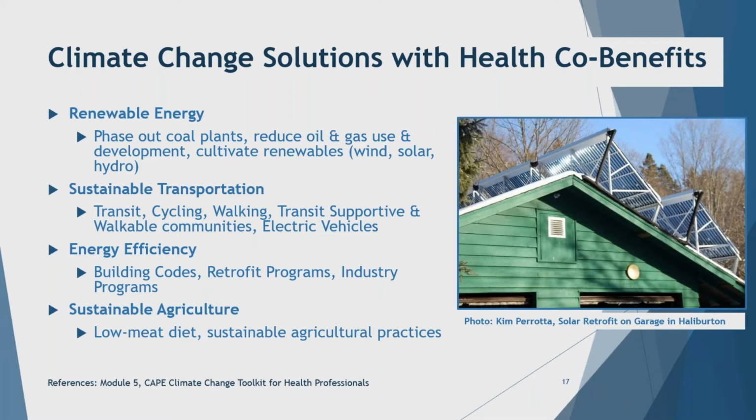The four areas they identified where there would be significant and fairly immediate health benefits from the actions needed to address climate change were renewable energy, sustainable transportation, energy efficiency, and sustainable agriculture. So for me, this is the place where we as public health people can be very powerful, because a lot of these solutions to climate change actually overlap with things that we want from a policy perspective to improve public health.